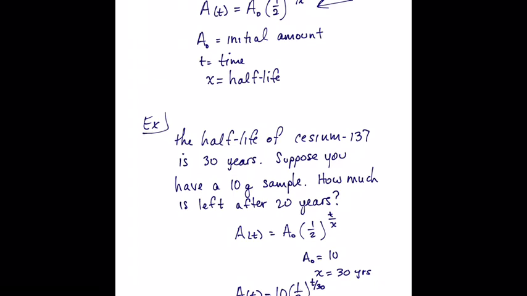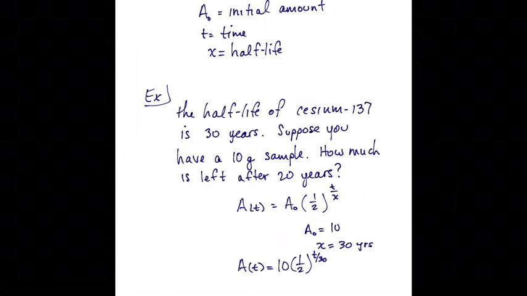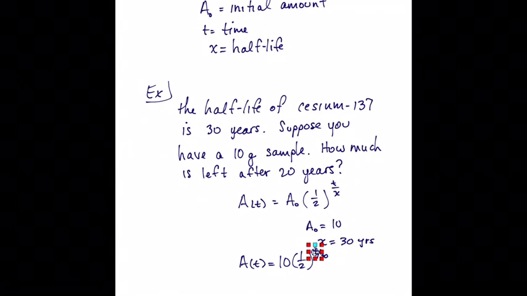So that's the model we now use to answer the question, how much is left after 20 years? That's just simply plugging in a value of time for t. So the amount after 20 years is 10 times 1/2 to the 20 over 30. And again, this is a calculator problem.